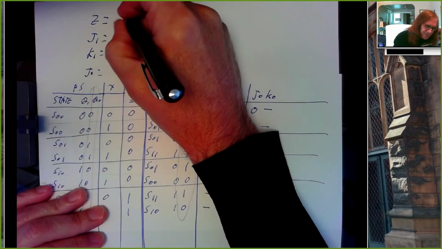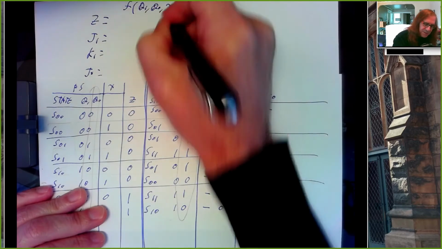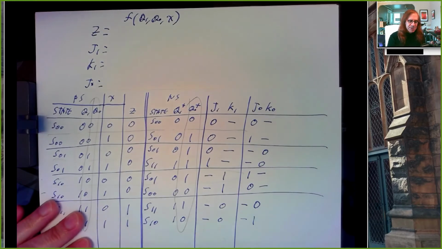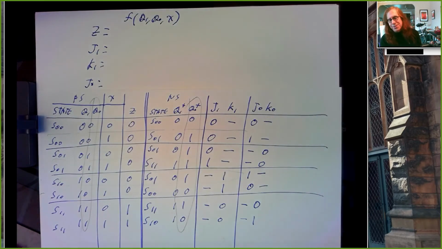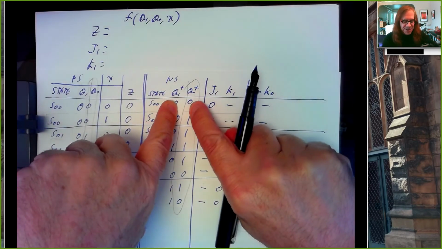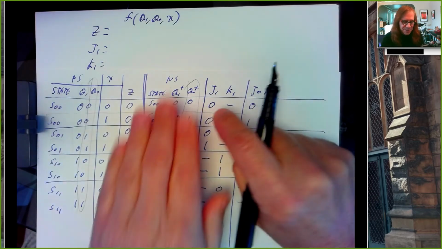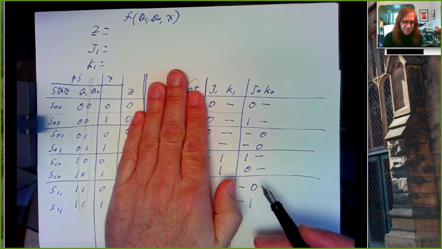And these should be functions of your present state and your inputs. So each of these should be some combination of Q1, Q0, X, or their inverses, ANDed, ORed, something like that, right? We're not going to use the next state in writing this. This was purely used to figure out what the inputs to our flip-flop should be.